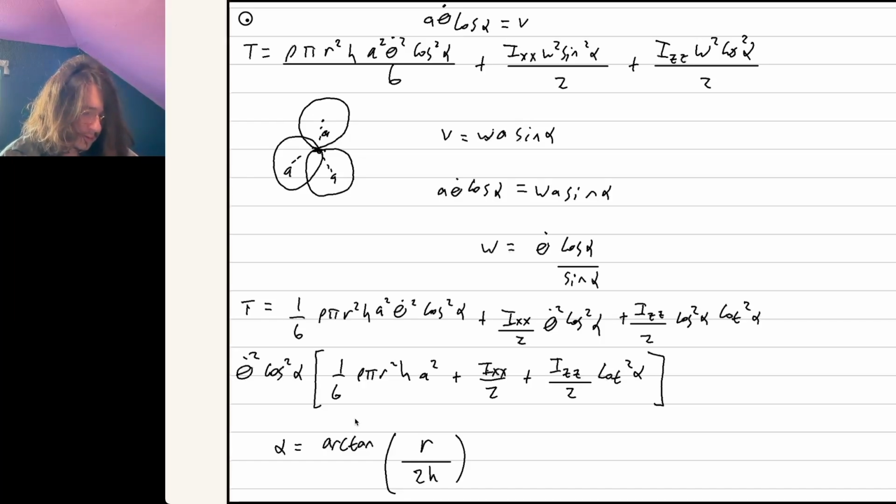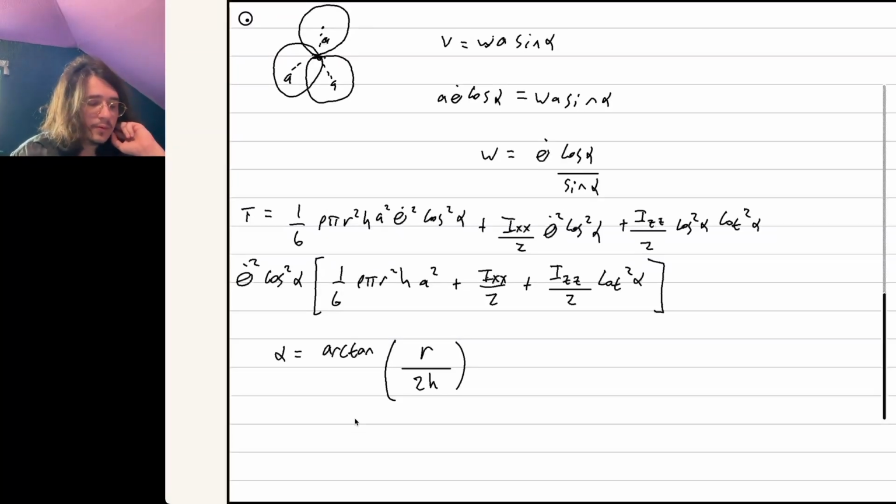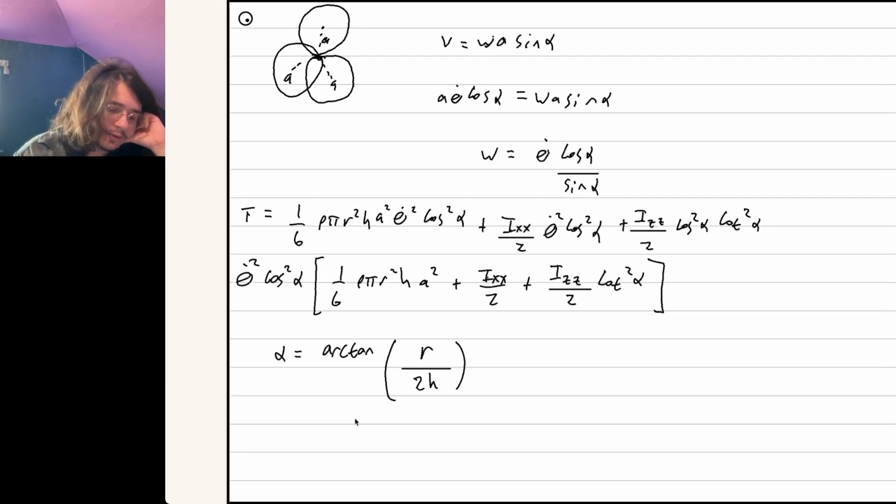Right? Yes, 2h. So, and then you're taking trig functions of that angle a couple of times. So that means we can simplify.